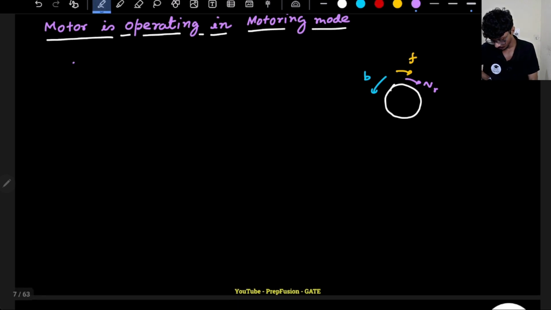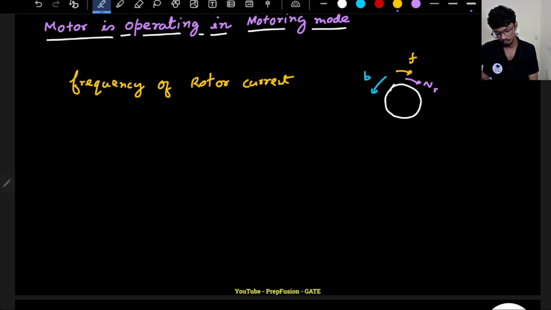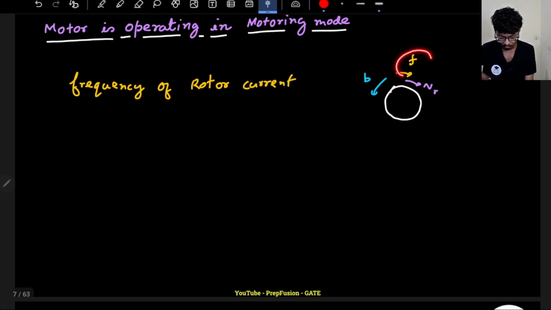So the frequency of the rotor current. Now there will be two components. Again we will assume superposition, there are two components. One is due to this forward field, the other one is due to this backward field, right?